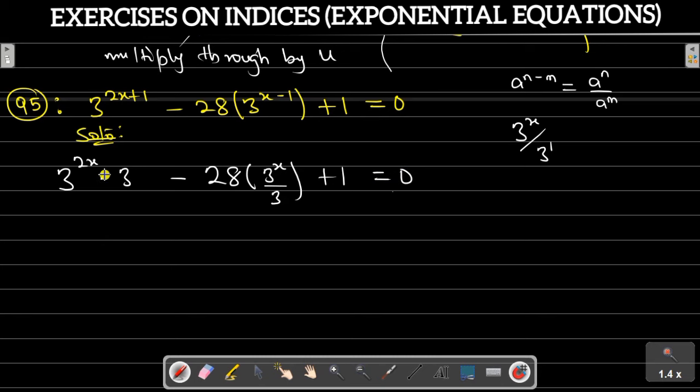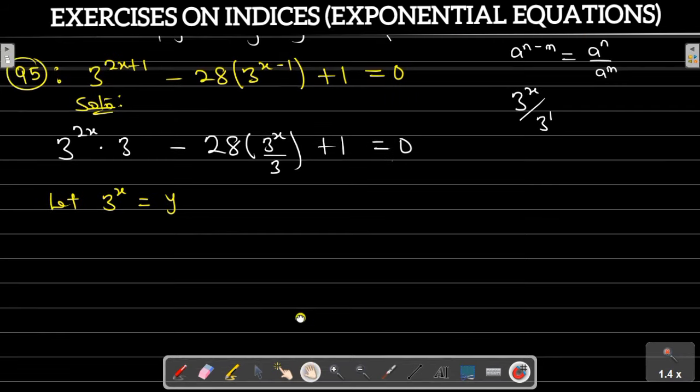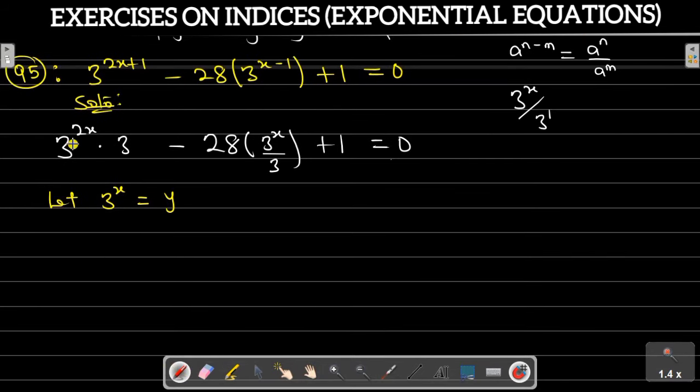At this point, we can quickly substitute so that it will be easier for us. Let 3 raised to the power x be equal to y. I chose to use y again. Meanwhile, you have not finished the simplification. Of course, you know that this is going to become 3 raised to the power x all squared. I did that because we've been doing that.